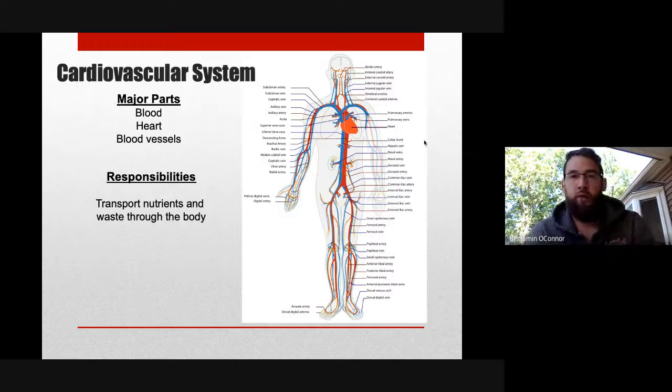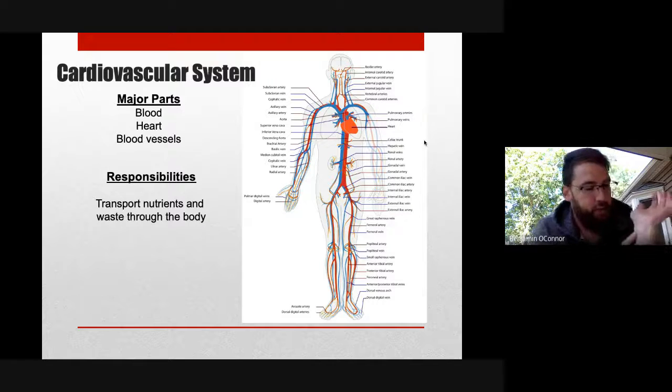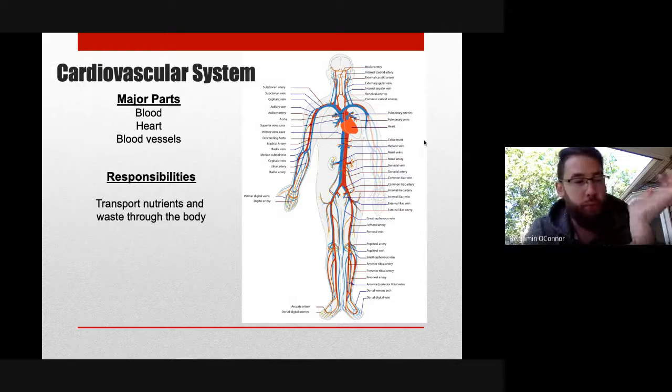In a lot of human anatomy diagrams, they represent veins and arteries as separate colors. But I want to make it very clear: blood is always red. A misconception in human anatomy is that you have blue blood, because a lot of people look down at their wrists and see that these veins are blue. It is a trick.